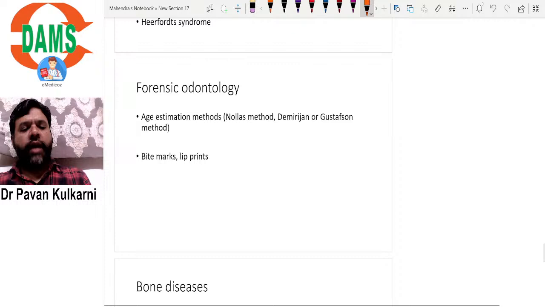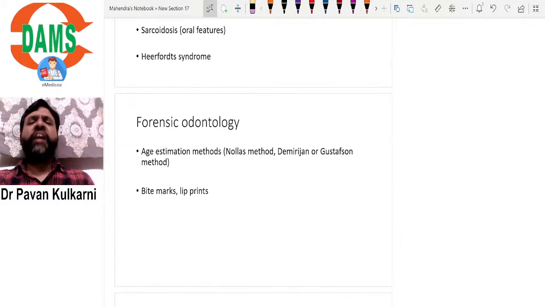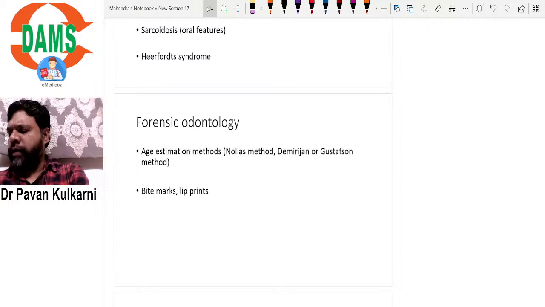Moving on to the last, forensic odontology. Frequently questions come on age estimation methods. Mainly you are supposed to know about Nolla's method, Demirjian's or Gustafson's method. Previously, questions have come on Nolla's method and Gustafson's.